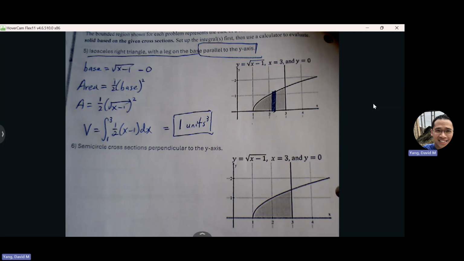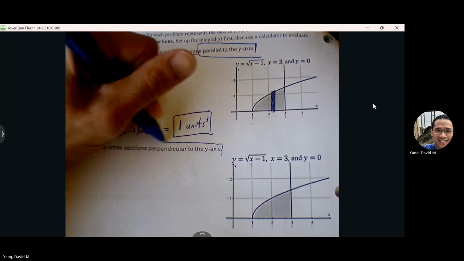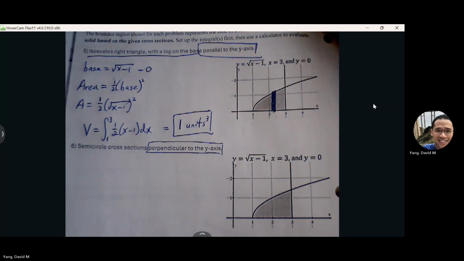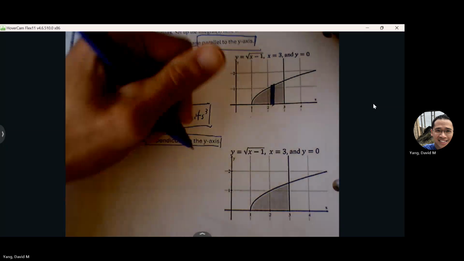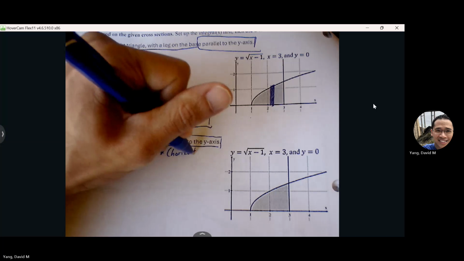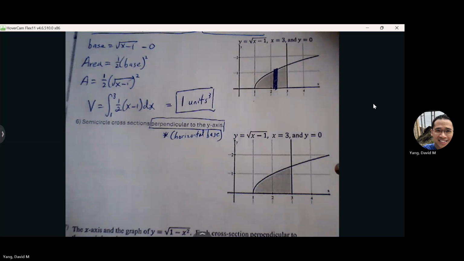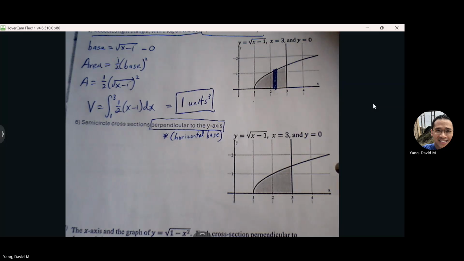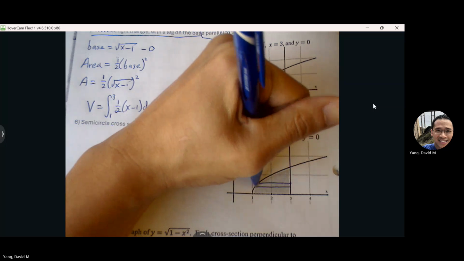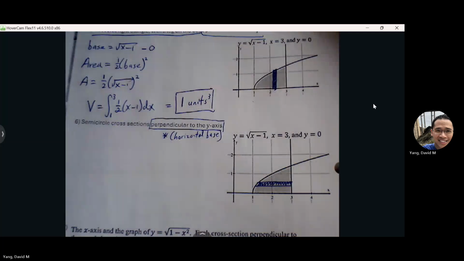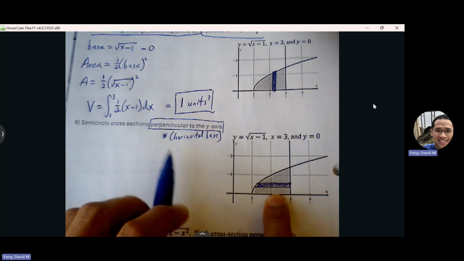Okay, try number 6. In this case, the base is perpendicular to the y-axis.